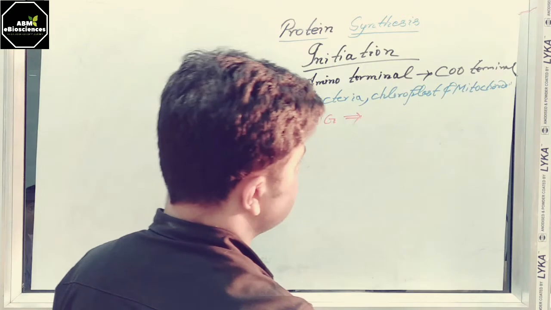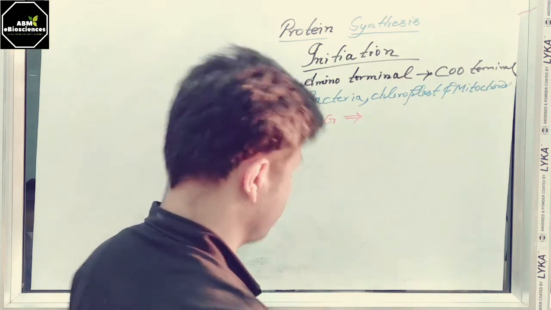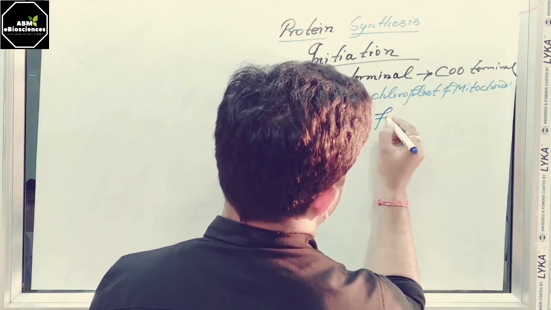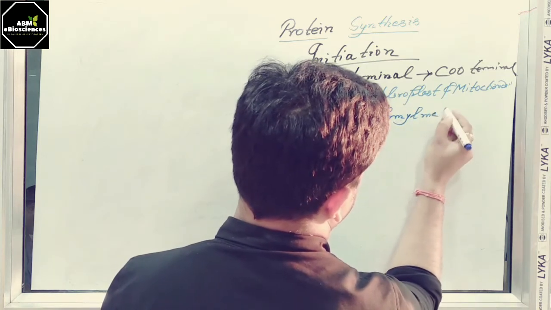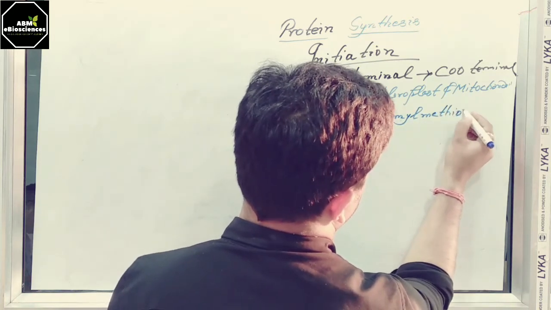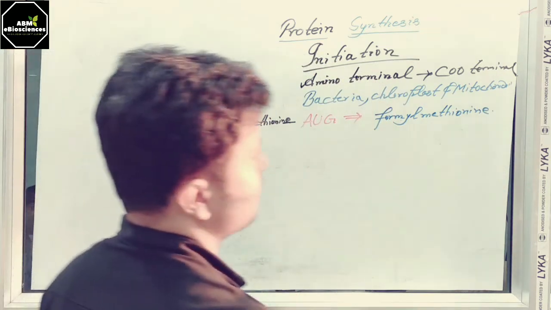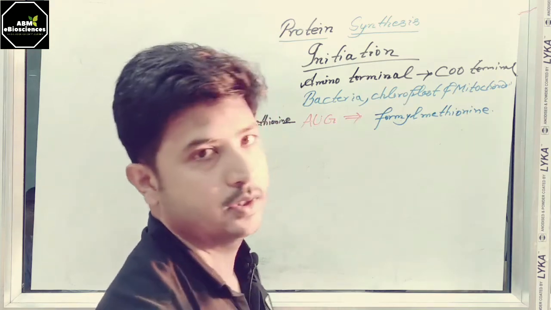But if the AUG is present in the position of the initiation codon, at that time it will be coding for formyl methionine. So the methionine group is attached with a formyl group and then it is termed as formyl methionine.